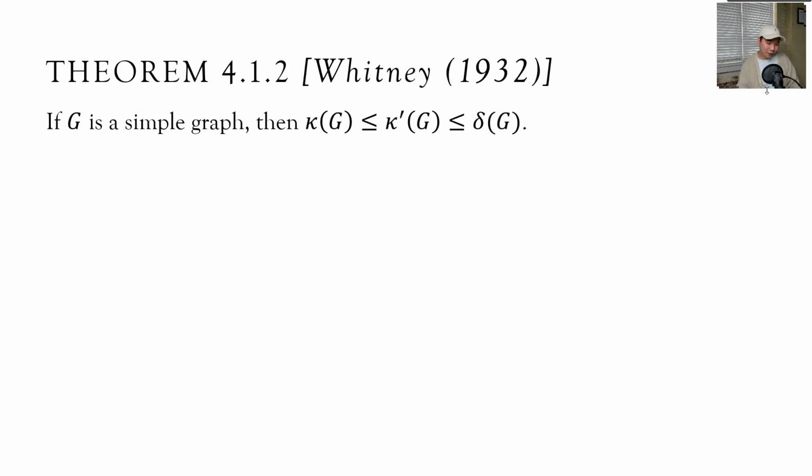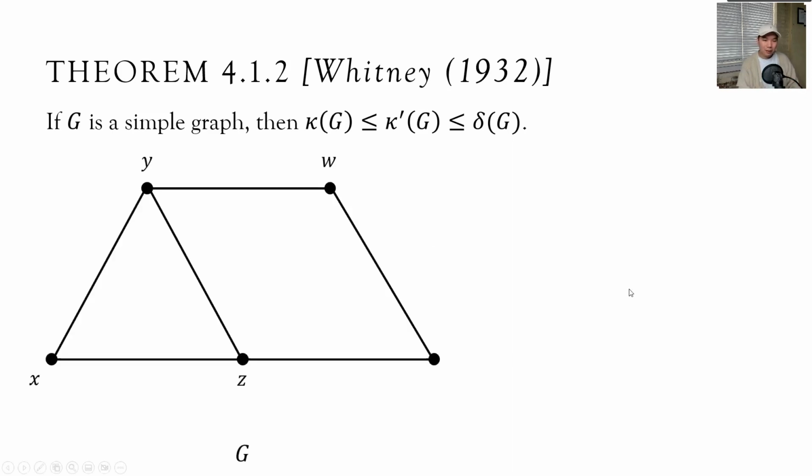So if I look at that graph that we've been working with, G, let's look at the minimum degree of this graph. Degree here is 3, 2, 2, 3, 2. It looks like the minimum degree is 2.